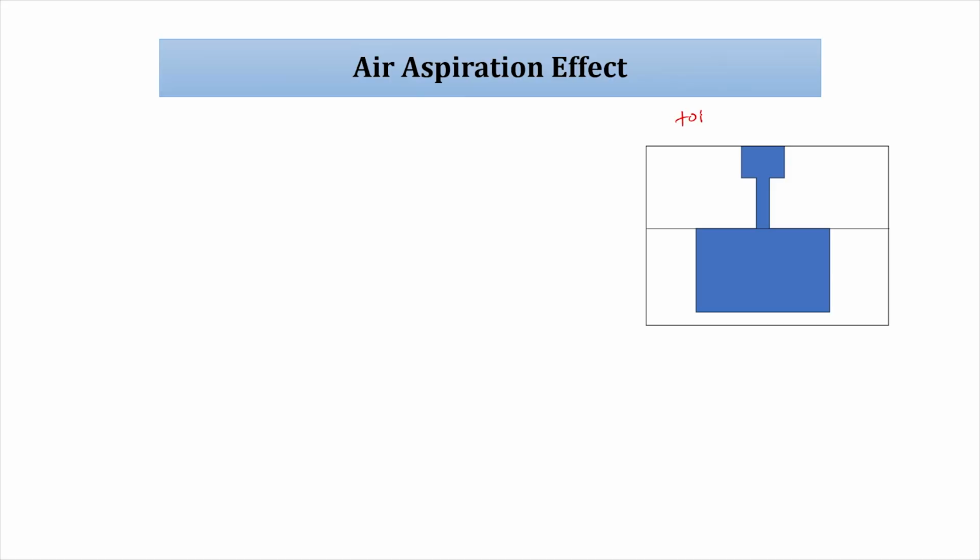Let us assume a top vertical gating system. This is point 1, point 2, point 3, this is the mold, HM, HS, sprue height, basin height, and that is the total HT.